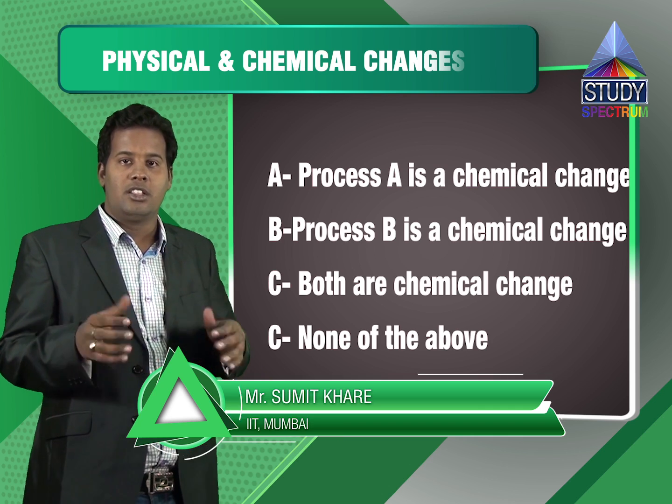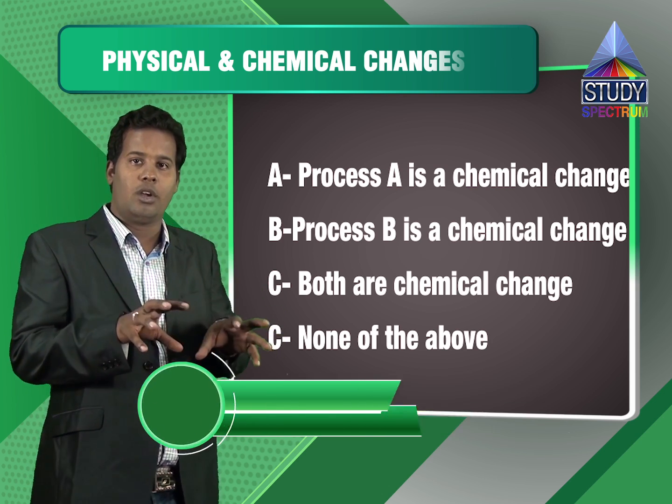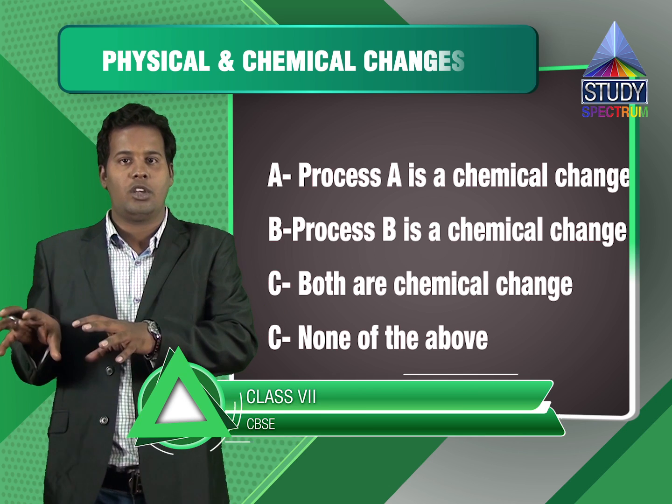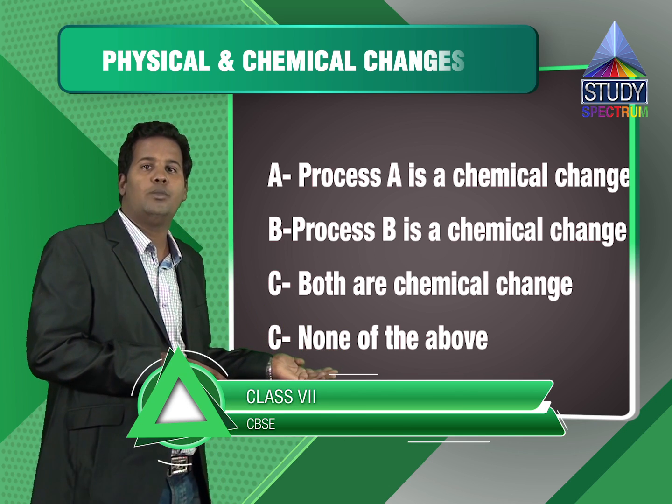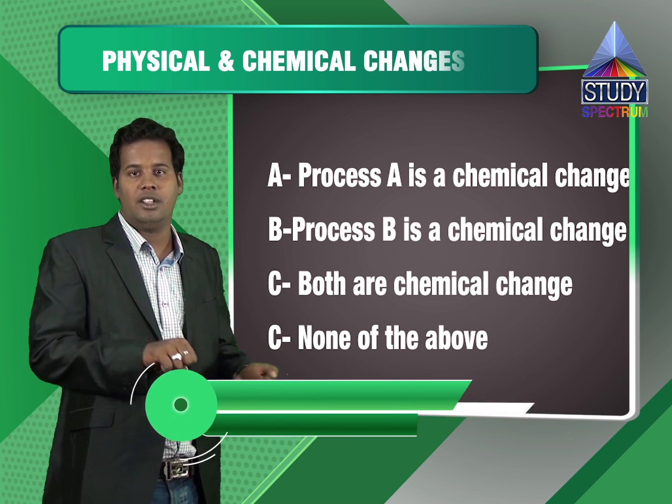It means, since we have understood that process A is a chemical change and process B is also a chemical change, the answer should be C option. Both the processes A and B are chemical changes.